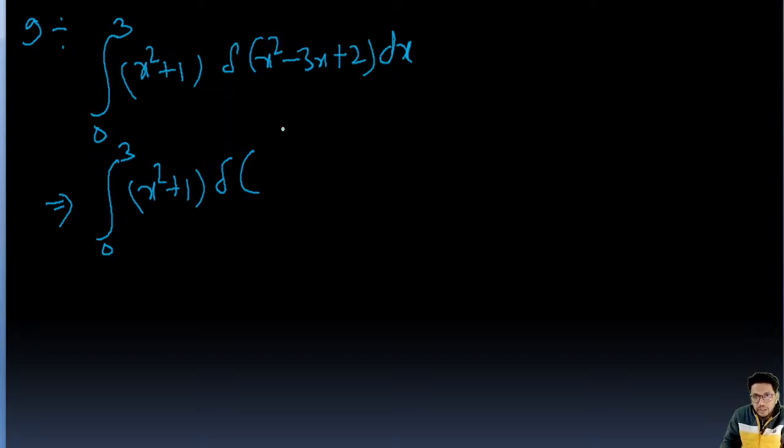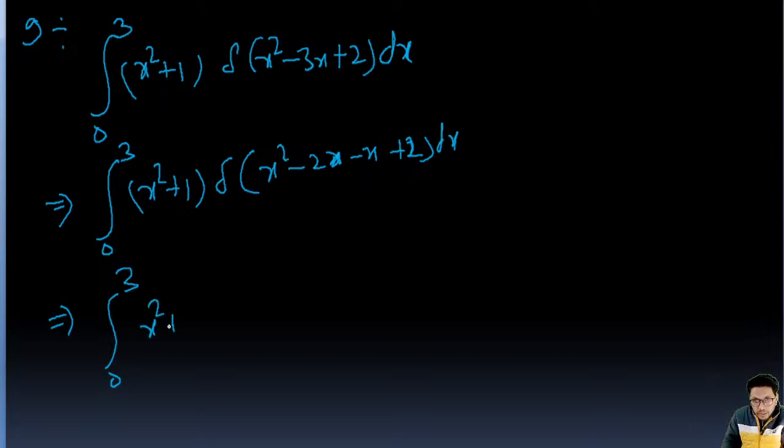We solve this equation x square minus 3x plus 2, which factorizes into x minus 2 and x minus 1.